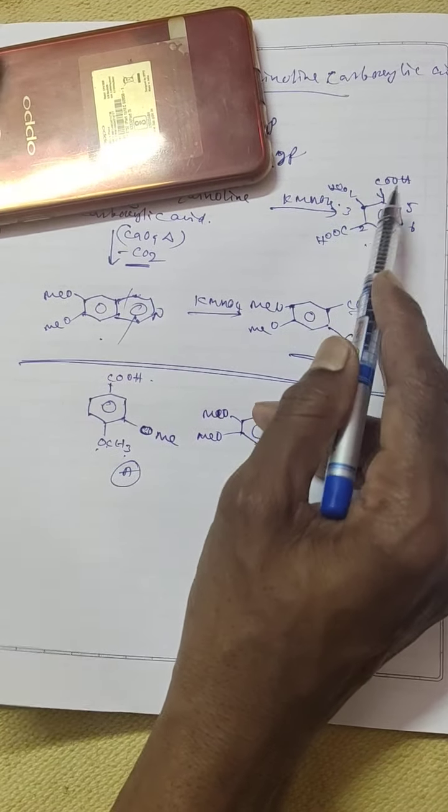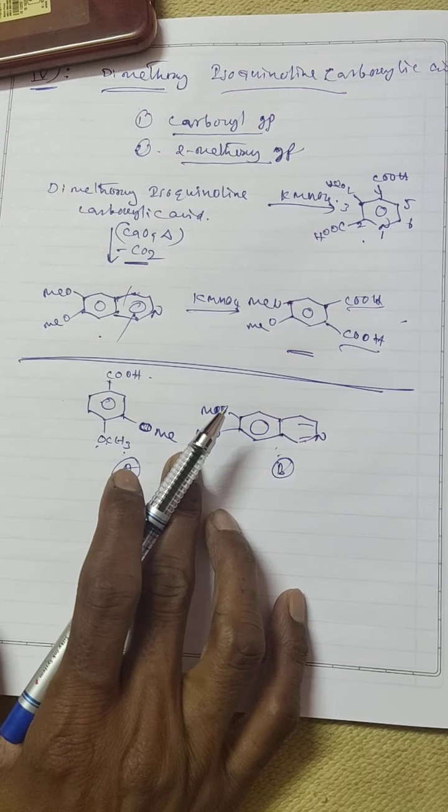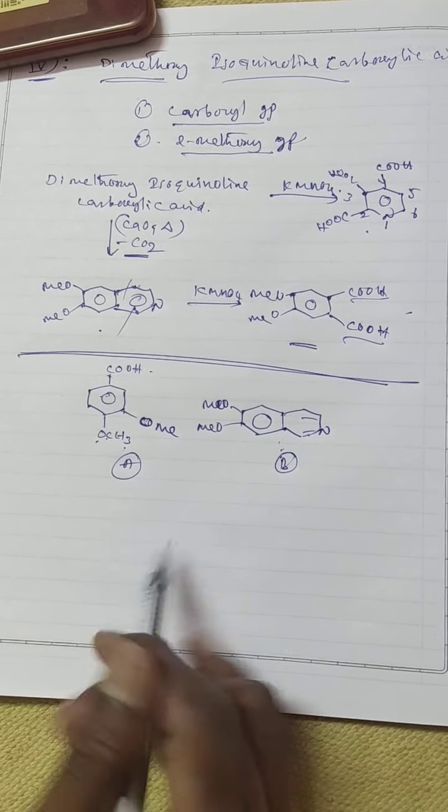This is the veratric acid, tricarboxylic acid, right? Okay, so now the linkage between A and B like this.